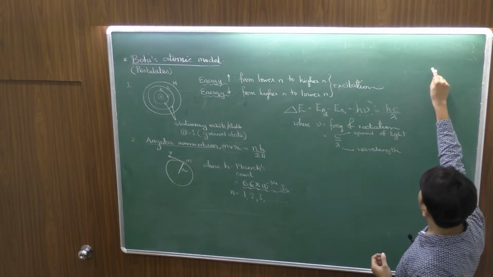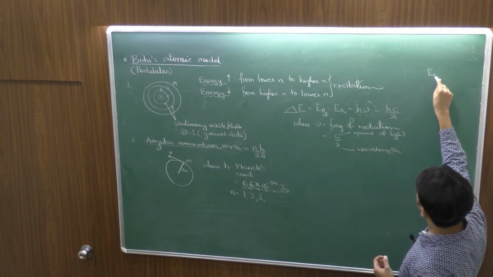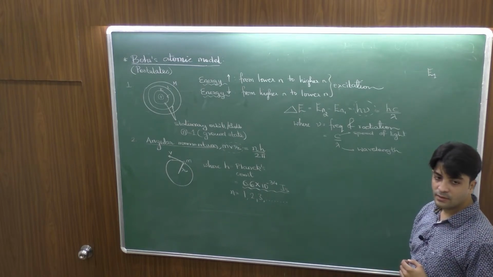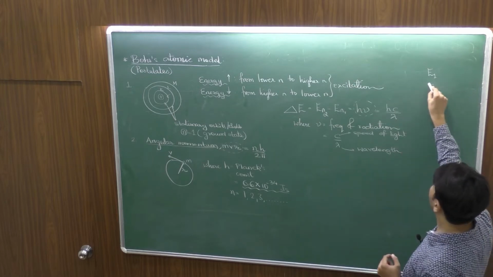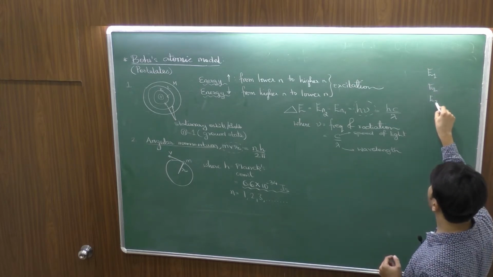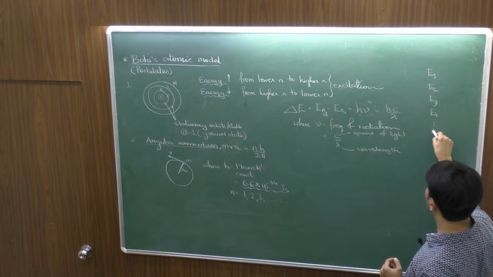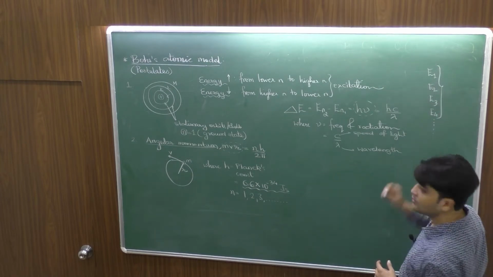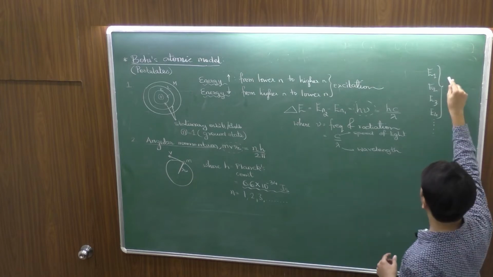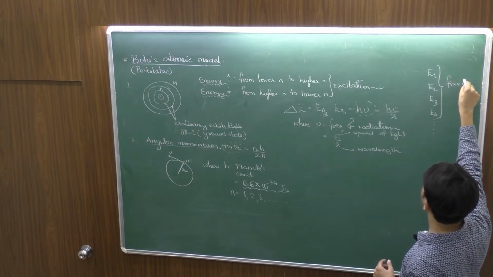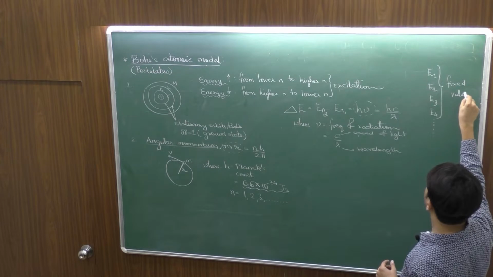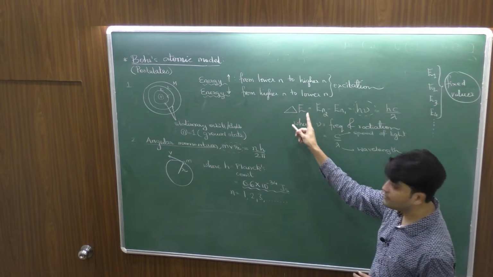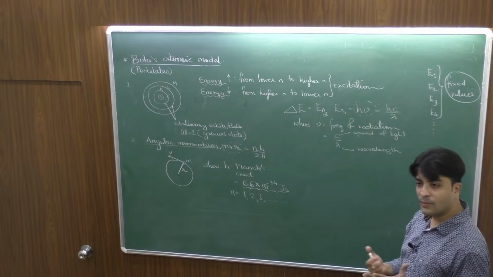When we talk about the energy levels, if I write E1, E1 is the energy of the electron in the first orbit, E2 would be the energy in the second orbit, third, fourth, and so on. Now, all these energy values are constant. They are fixed values as per the first postulate. Now, if these energy values are fixed, the difference in the energy will be fixed.